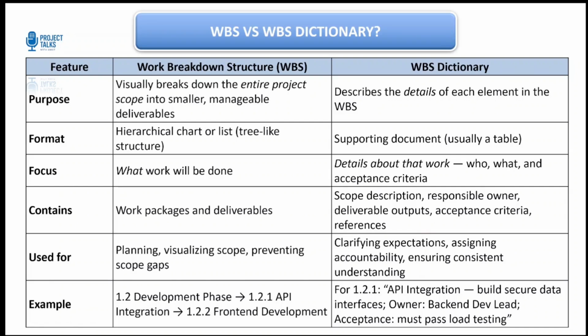We have already discussed the examples. In WBS, it's development phase, API integration, front end development, whereas WBS dictionary goes one level more detailed into that. The API integration builds a structured data interface, who will be the owner, how it will be accepted, etc.